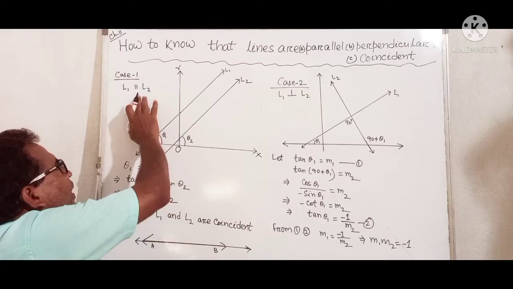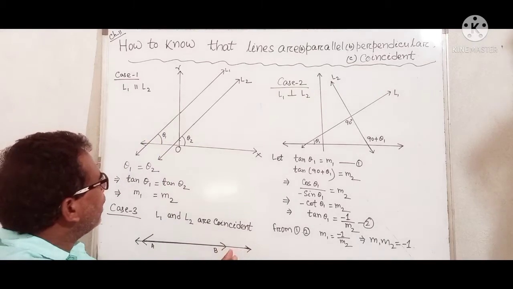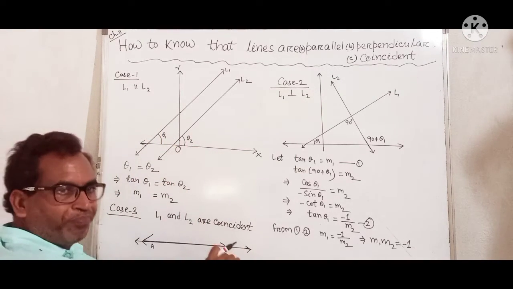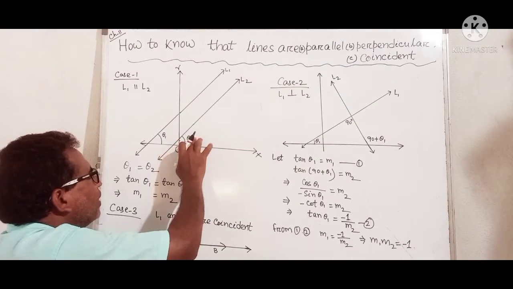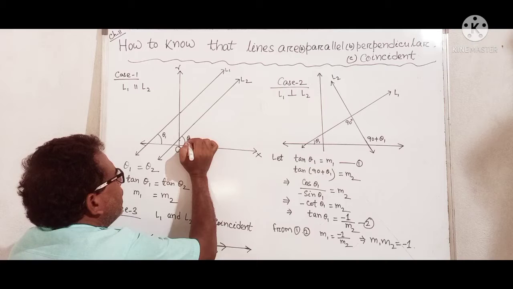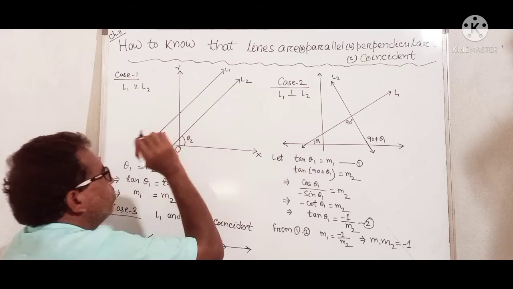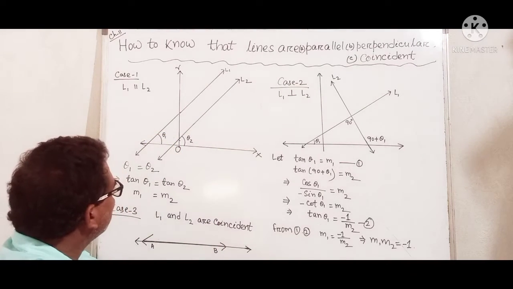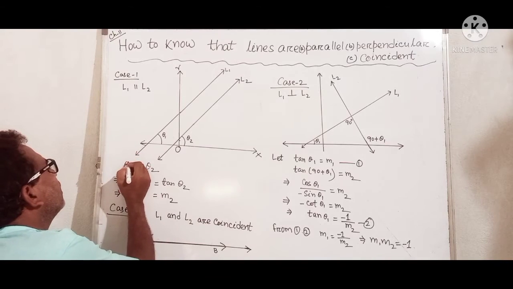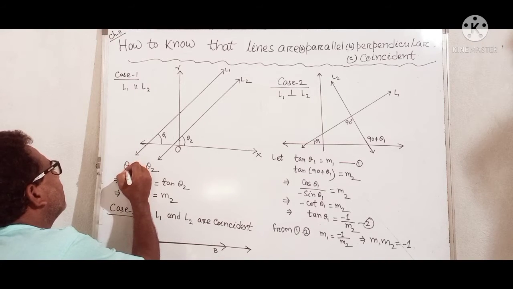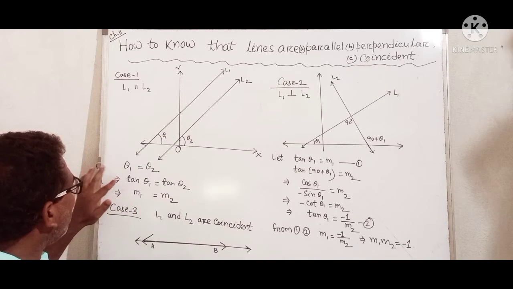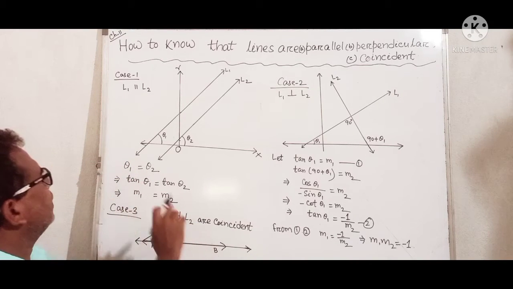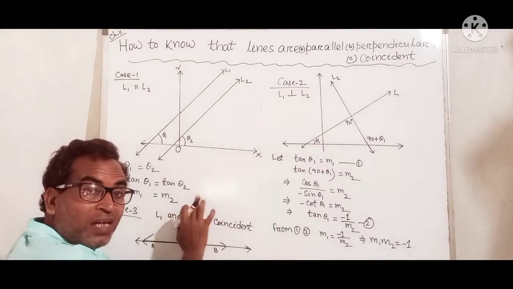In the case of parallel lines, the angle of inclination theta 1 is equal to theta 2, which implies tan theta 1 is equal to tan theta 2.